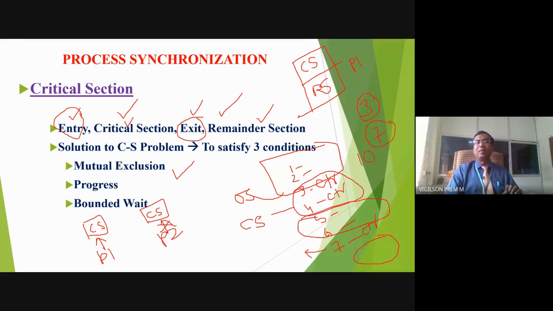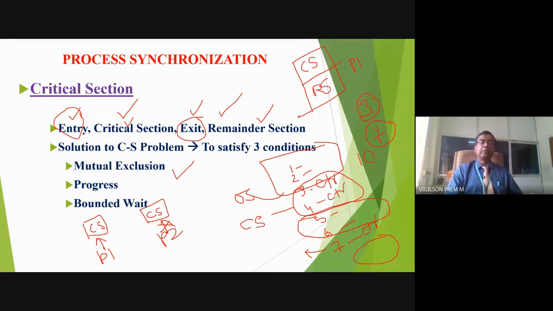What is the problem of synchronization? Concurrent execution. They are executing in parallel. Now we are restricting it. We are not allowing both P1 and P2 to enter into the critical section in parallel. Either P1 should use or P2 should use. For that only we are telling, before entering, get permission from the OS.